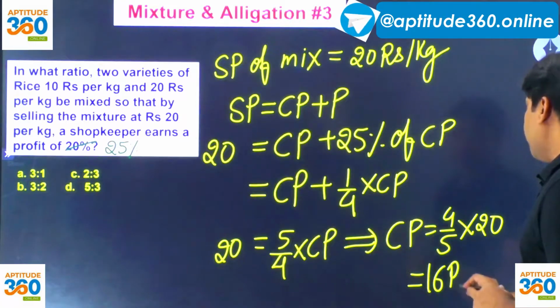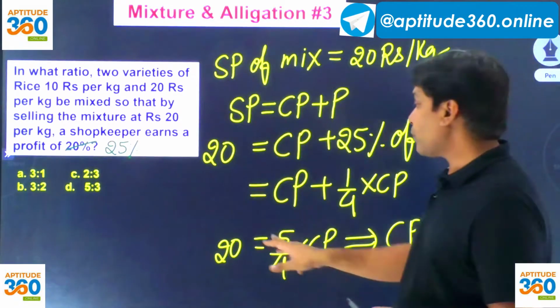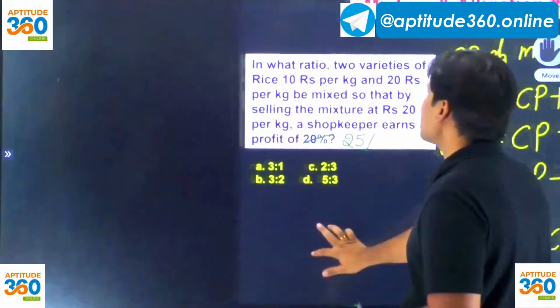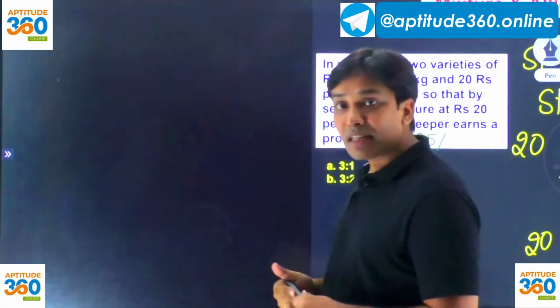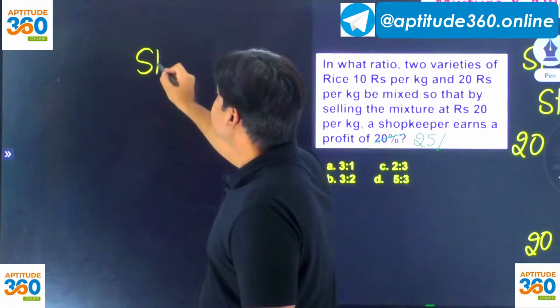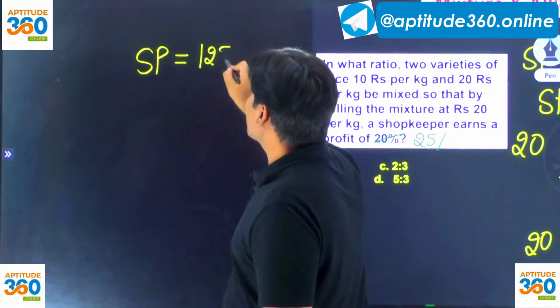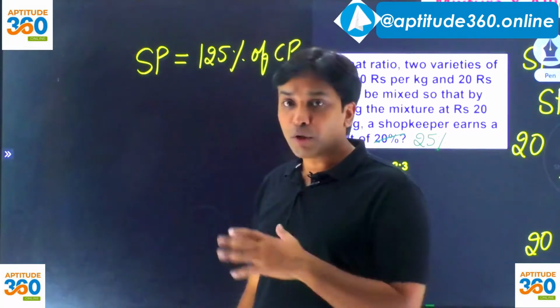Now, if you have seen my videos of profit and loss, then probably you will not be doing any of these steps, because इतने सारे स्टेप्स एग्जाम में लिखेगा कौन? हमने क्या सीखा था? If profit is 25%, then you know that selling price is equal to 125% of cost price. That is what we learned in our profit and loss videos.